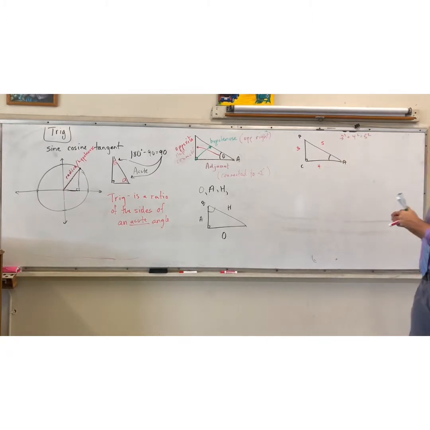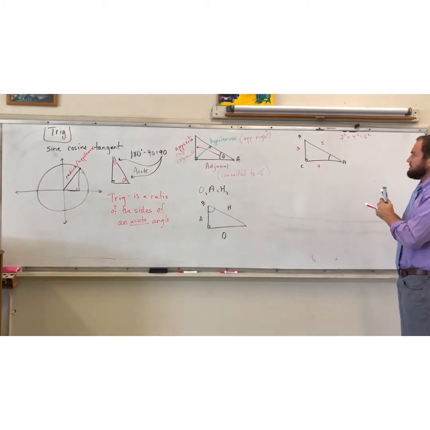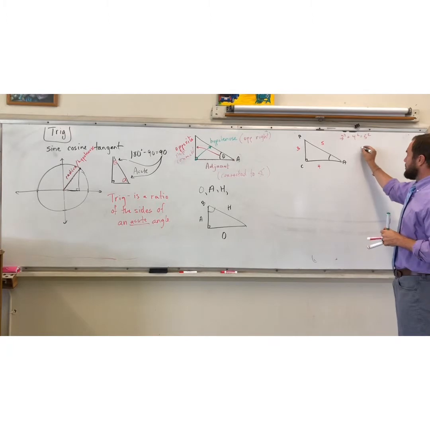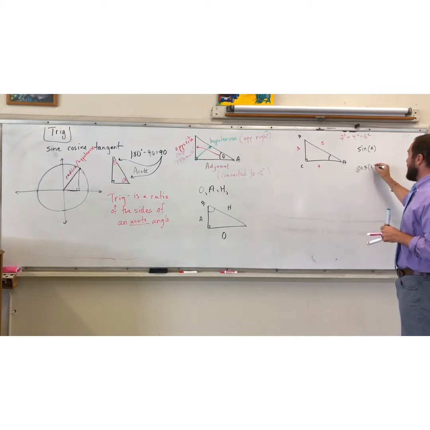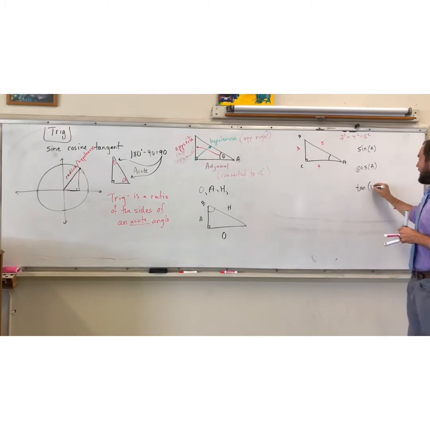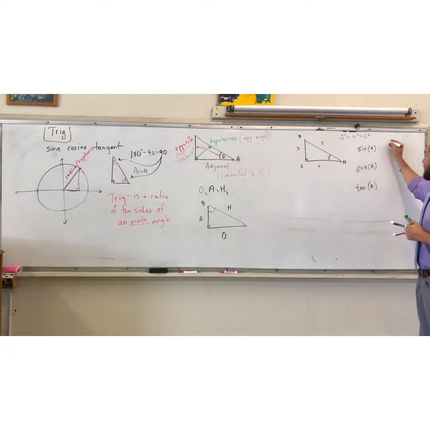And let's say I'm talking about trig functions according to A. Sine of A is what ratio? Cosine of A will be what ratio? And tan of A will be what ratio? Now, your sine is going to be a ratio of your opposite over hypotenuse.